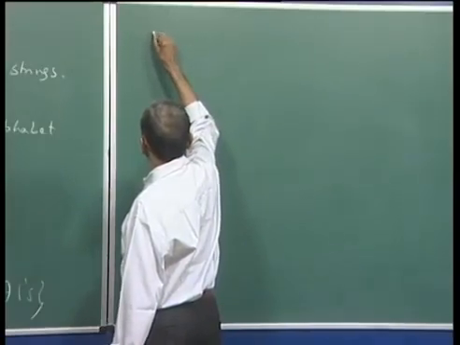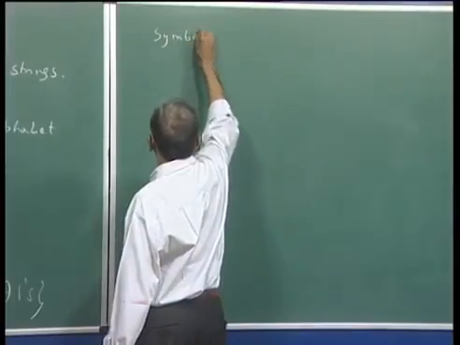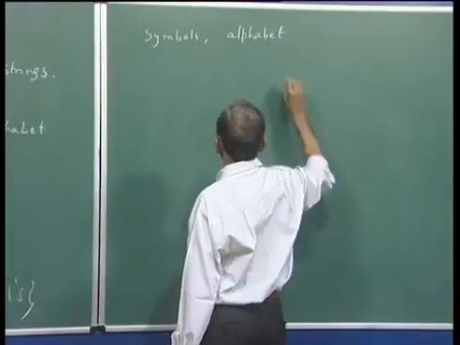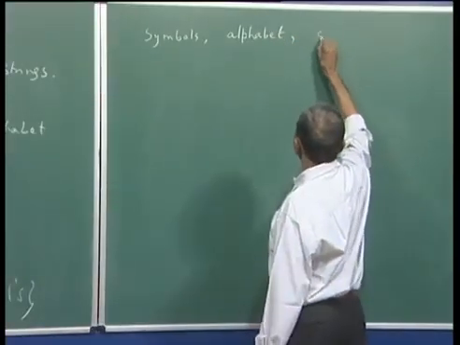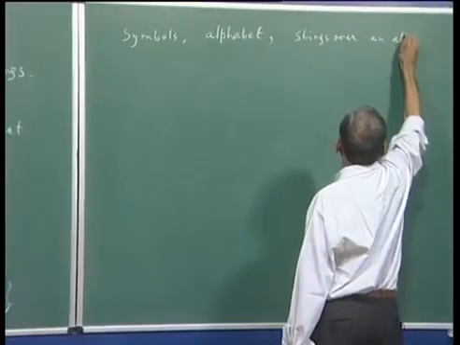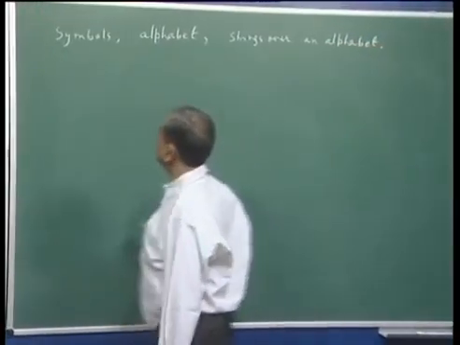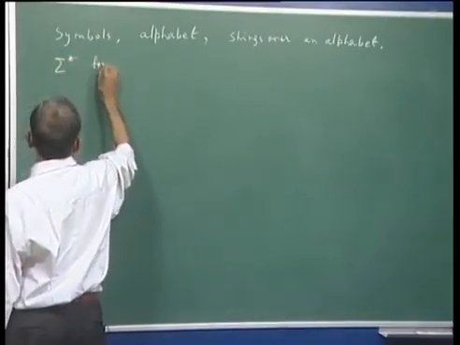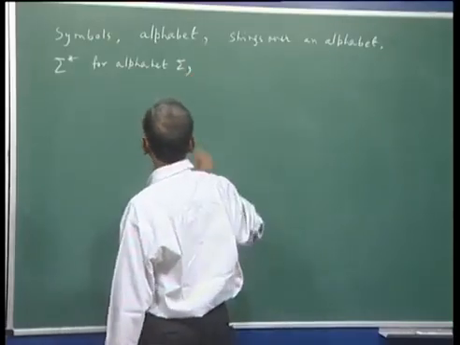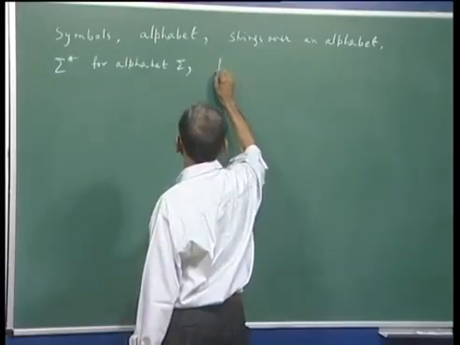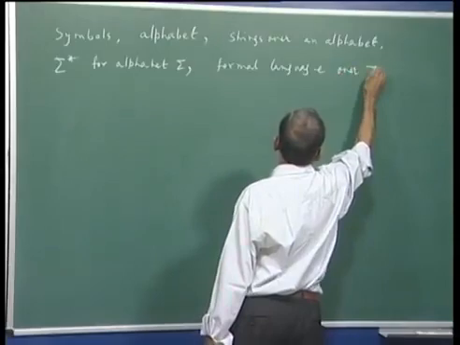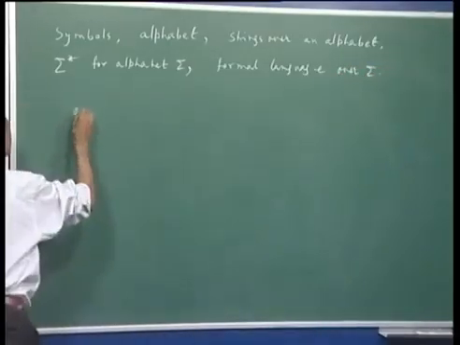First of all, we talked of symbols, then we talked of alphabet, then we talked of strings over an alphabet, then we talked of sigma star for alphabet sigma, and finally we talked of a formal language over sigma.